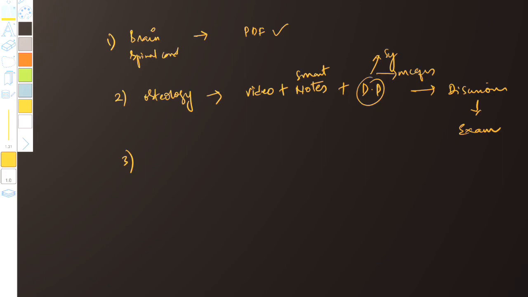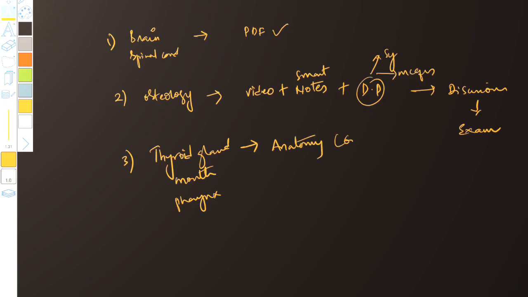On the third day I have kept more topics, well known and familiar: one is thyroid gland, second is mouth, third is pharynx. Of these, the most important is the thyroid gland. You have to do the anatomy part of the thyroid gland in your general surgery, where you have diseases of the thyroid.